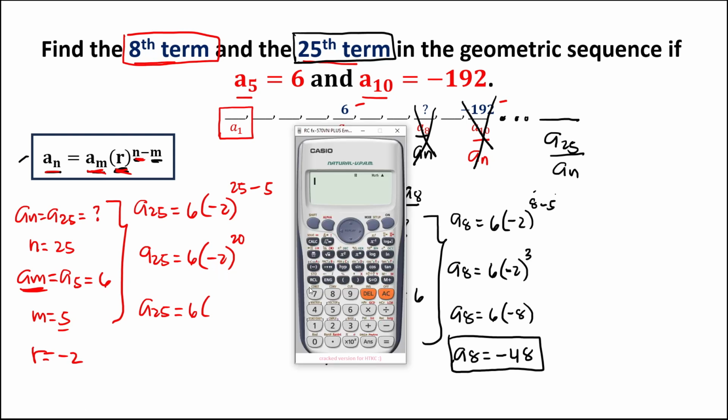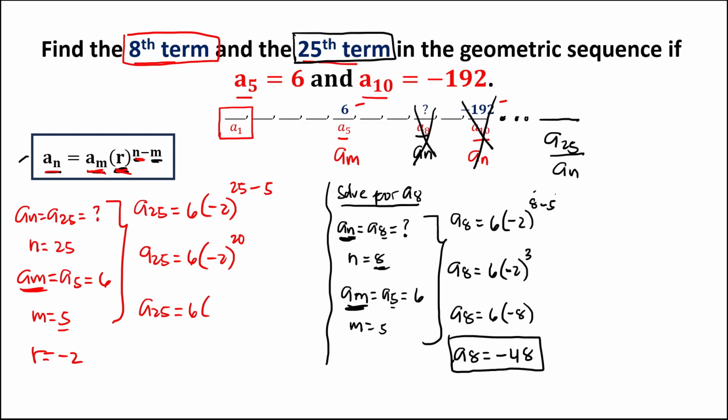Again, since negative, we need to put it inside the parentheses, then to the power 20. That's equal to 1,048,576.